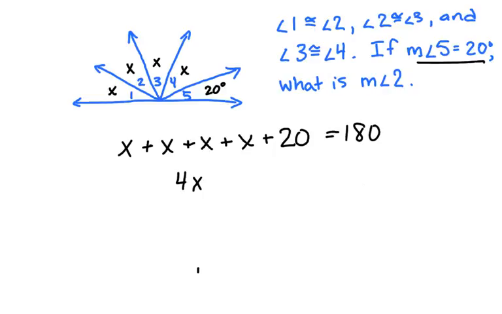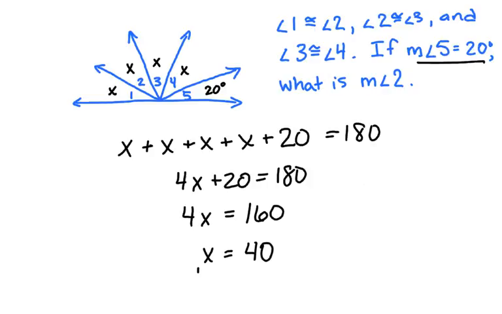So this is 4x plus 20 equals 180. Solve this equation. So we have 4x, and now subtract 20 from both sides, we get 160. Now divide both sides by 4, we get x is equal to 40.